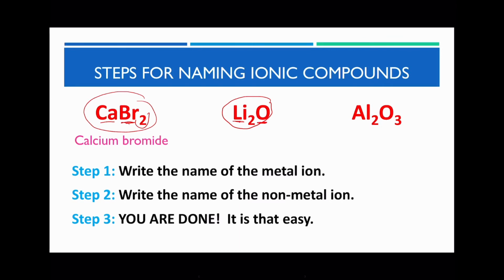Therefore the name of this ionic compound becomes lithium oxide. This one over here is aluminium. Again, you've got an oxygen, so it becomes oxide. Therefore the name of this ionic compound becomes aluminium oxide. So as you can see, the way we actually name ionic compounds becomes really, really easy if you know the rules to the game.